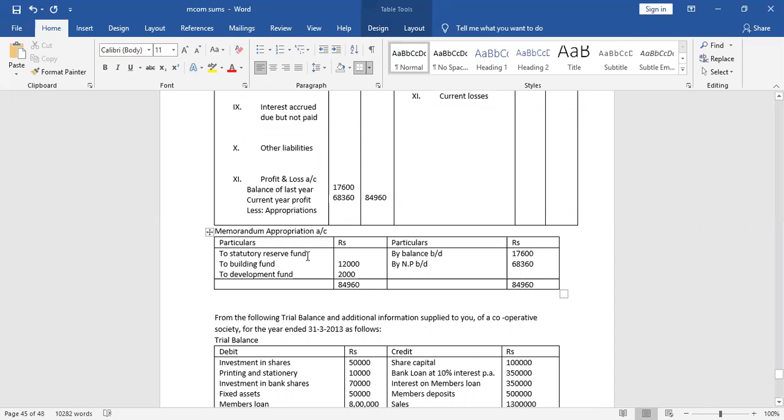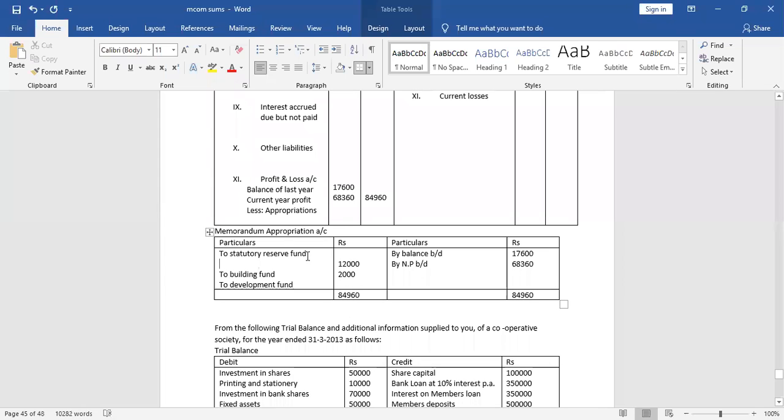Now we have to take 25% of the current year profit, which is 67,360 into 25%. See what you're getting. The current year profit is 67,360, I'm sorry.